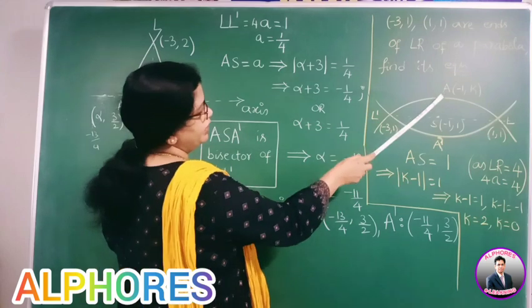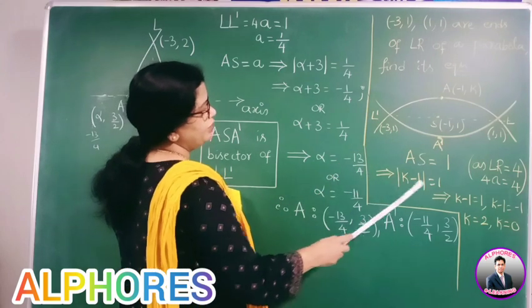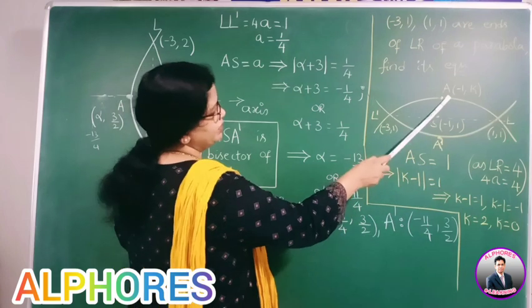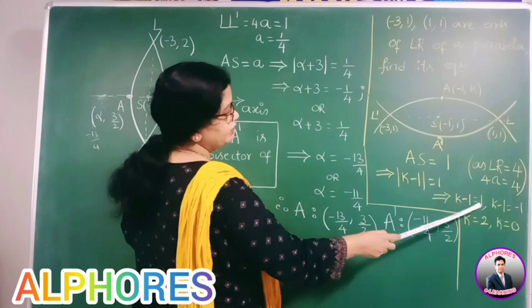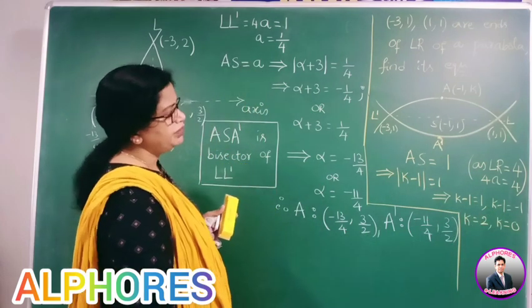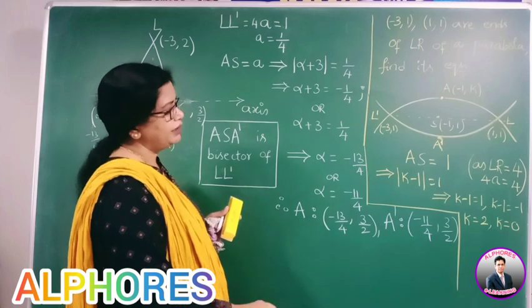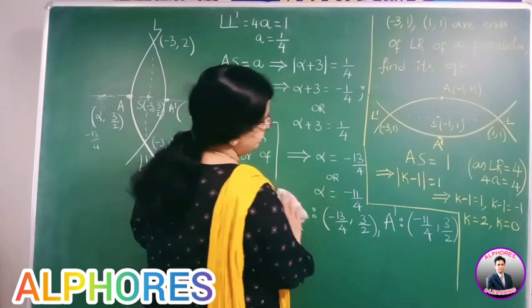Hence AS is nothing but |k - 1| = 1. That means this is the distance between A and S. And thereby you got k - 1 = 1 and the other value -1. So we got k equal to 2 or k equal to how much? 0.